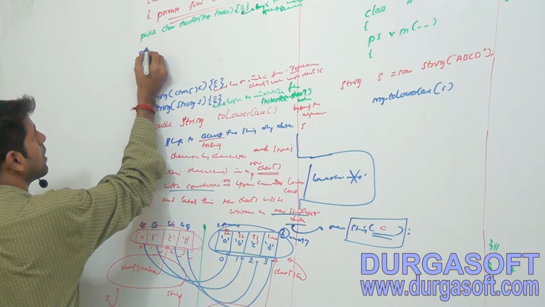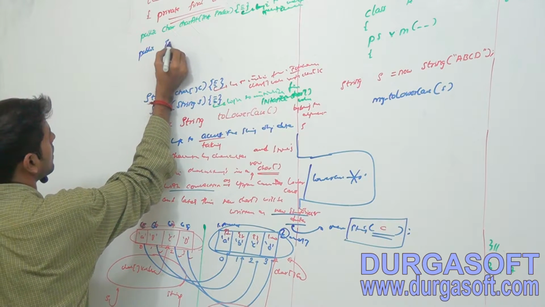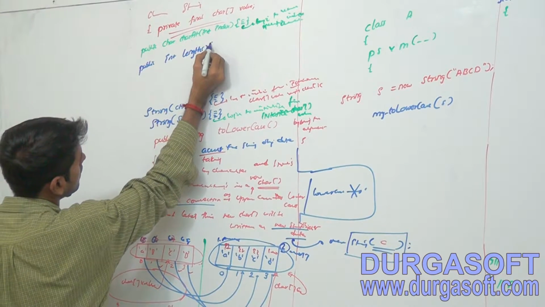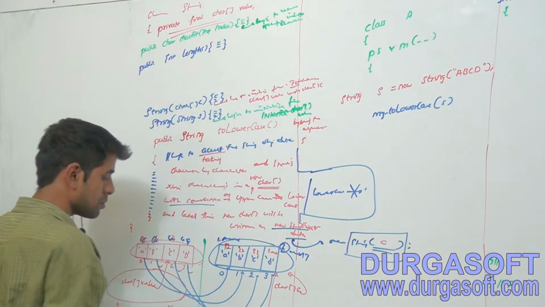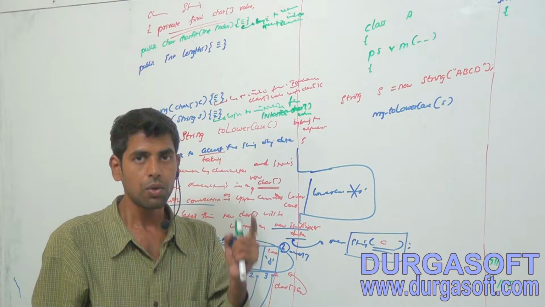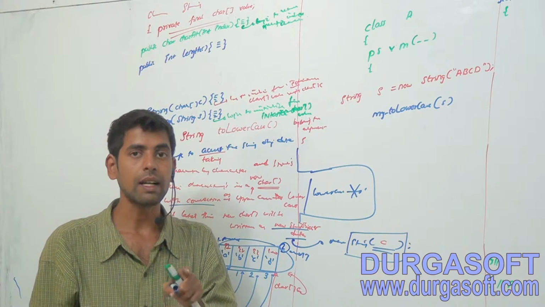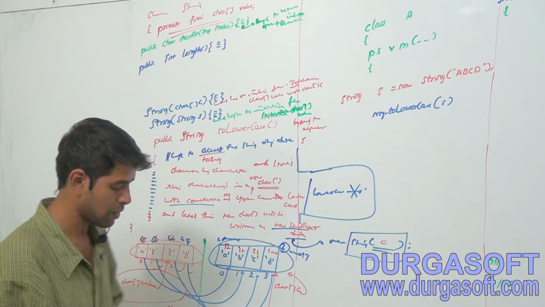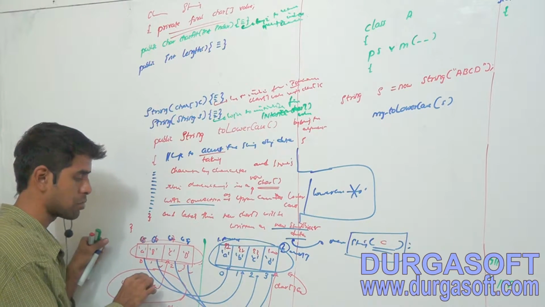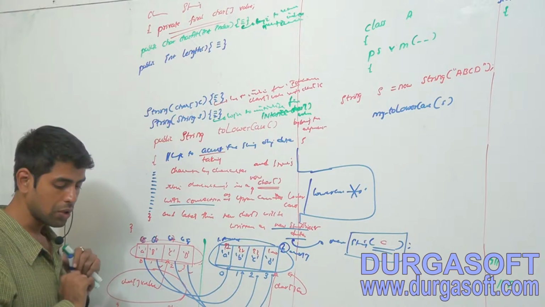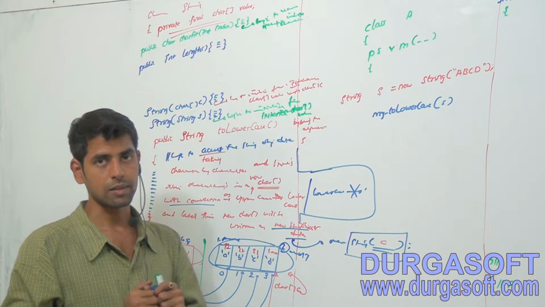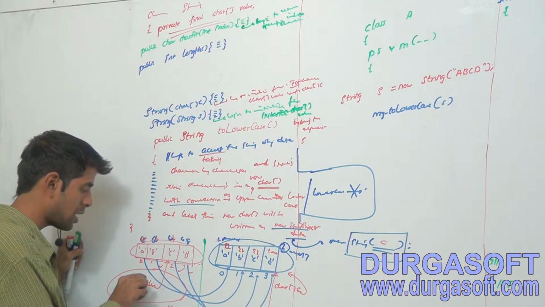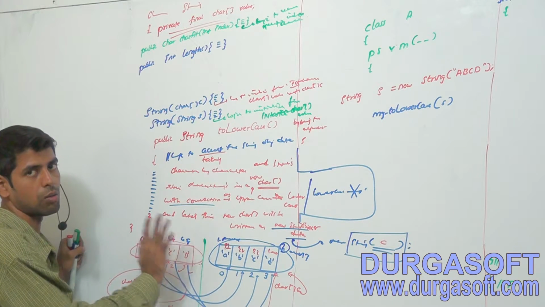This length method is public, having return type int. It has logic to return the number of elements present within our string object.